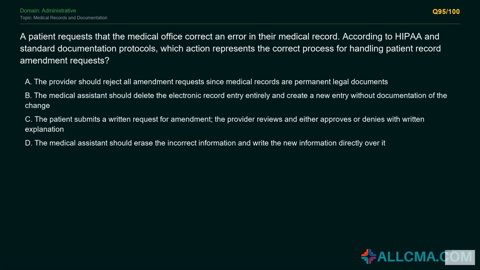Option B. The medical assistant should delete the electronic record entry entirely and create a new entry without documentation of the change. Option C. The patient submits a written request for amendment. The provider reviews and either approves or denies with written explanation. Option D. The medical assistant should erase the incorrect information and write the new information directly over it.